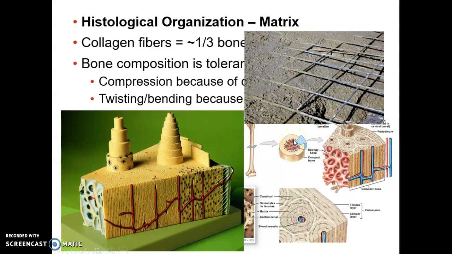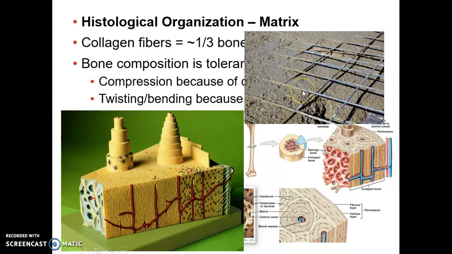All right. Oh, so I found this cool picture of concrete cement being poured over reinforcing steel rebar. So this is kind of analogous to why and how bone is so strong. The rebar would be analogous to the collagen fibers, and the bulk of the solid bone is the calcium salts, calcium phosphate and hydroxyapatite, that surround and are immersed around the collagen fibers.